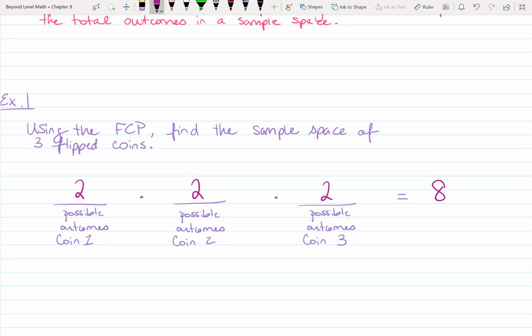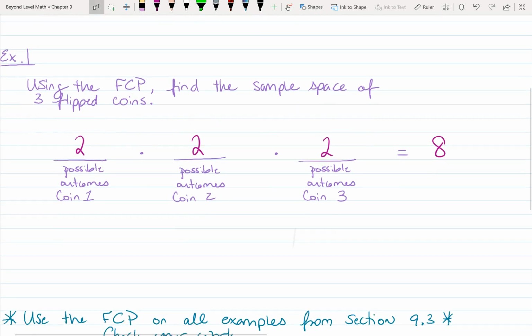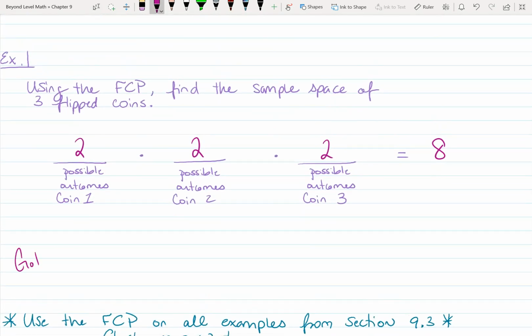Alrighty, I'm just going to give you a super quick example. I think it's your Got It A on page 758. It says find the total number of outcomes when choosing from bike helmets. You don't have to go to that page, just listen. They come in 3 colors and 2 styles.